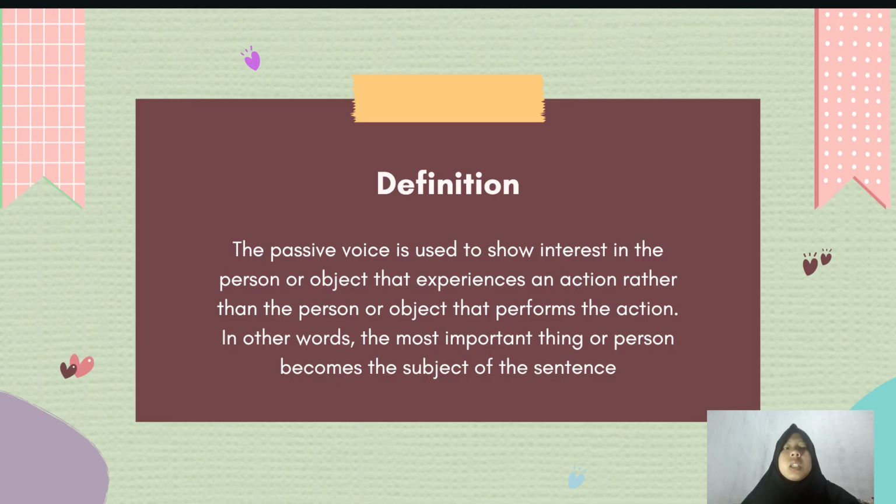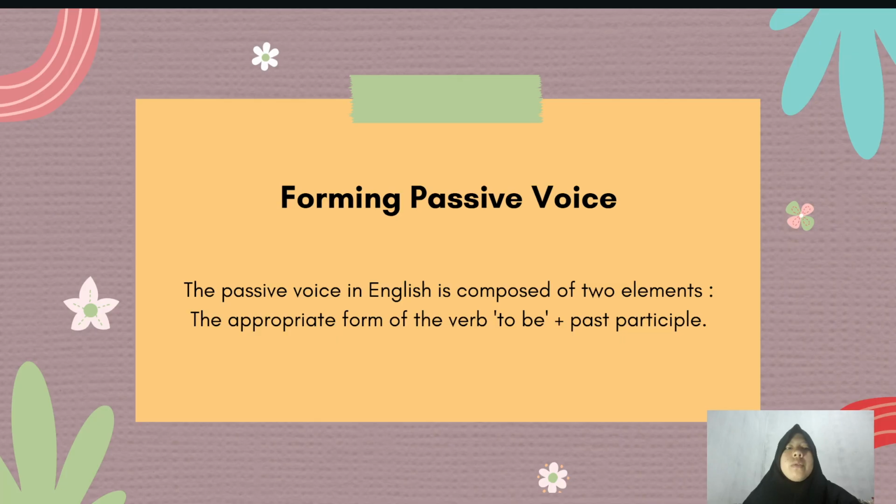Okay, the general structure of a passive sentence is object followed by to be, like am, is or are, and followed by verb three. Next, followed by "by" and followed by an object or pronoun.